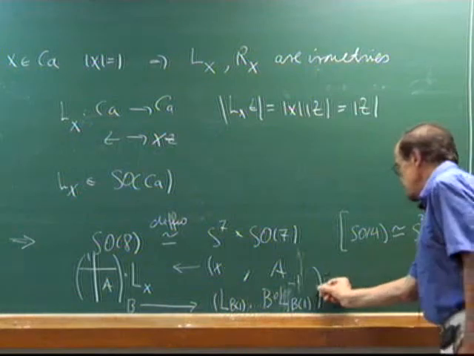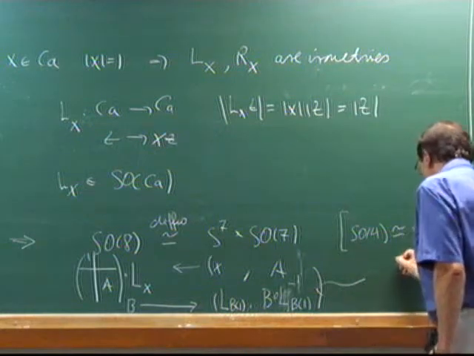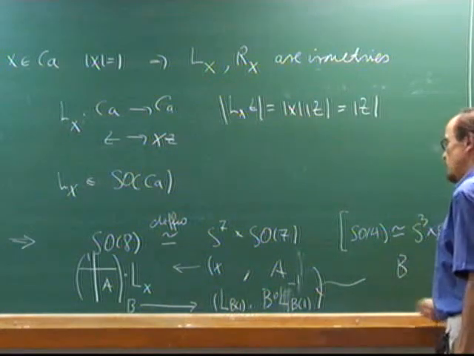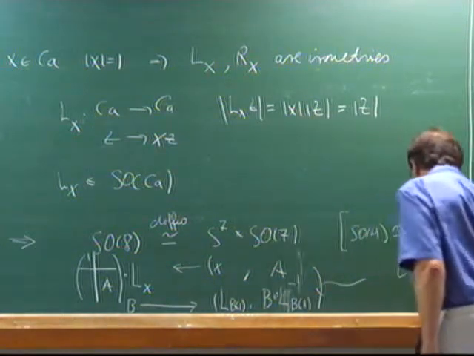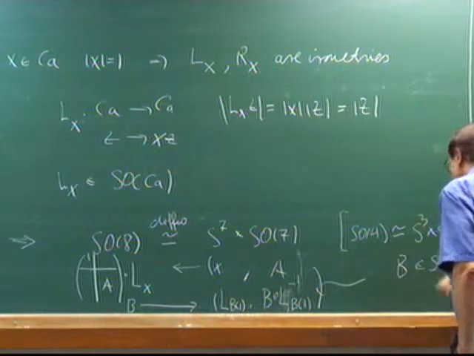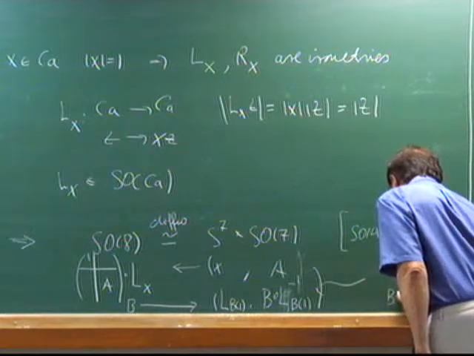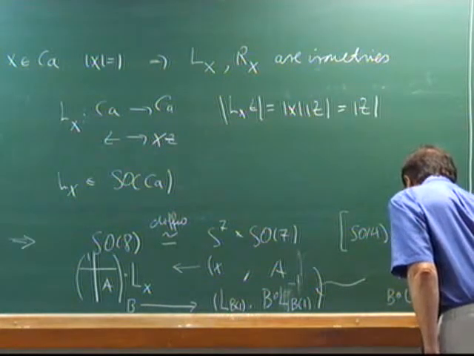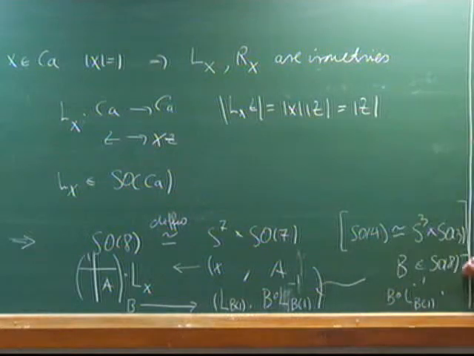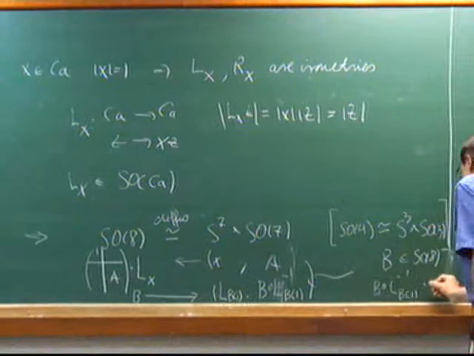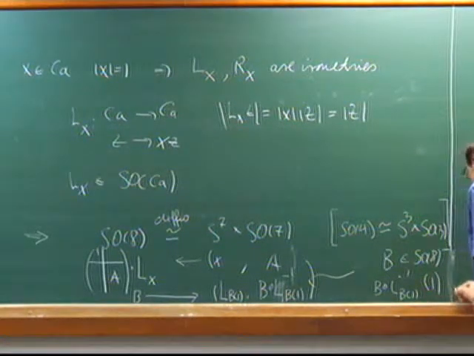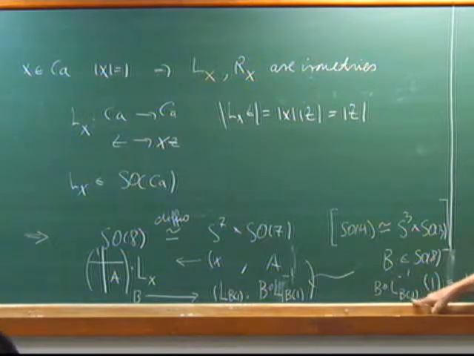So let's look at this element right here. B went from Cayley numbers to Cayley numbers. It's an element in SO8. And if I look at this composition, then of course it takes 1 to B applied to B1 inverse.